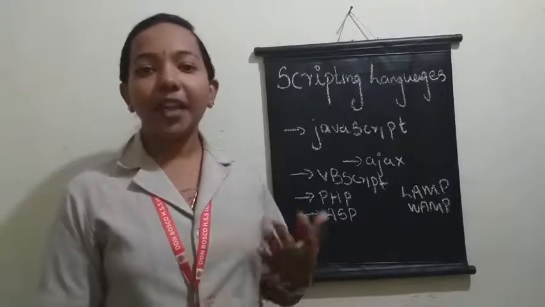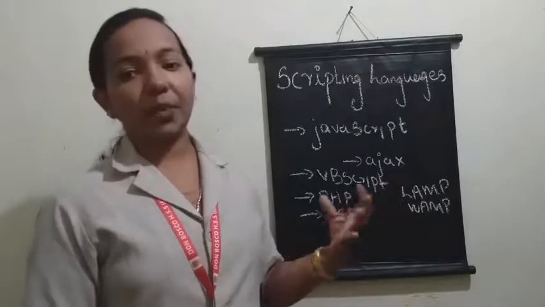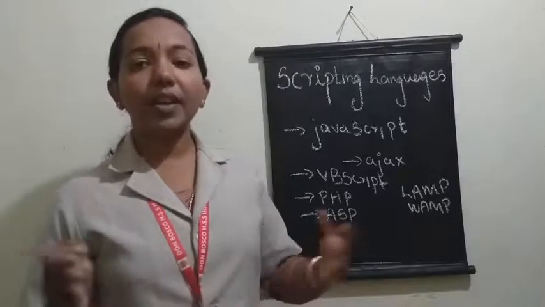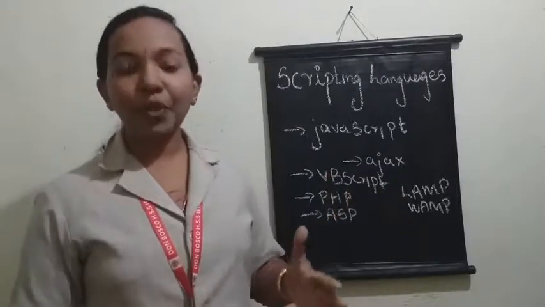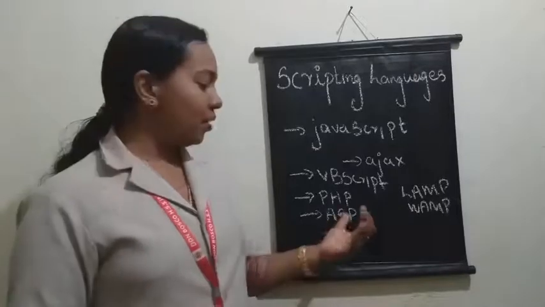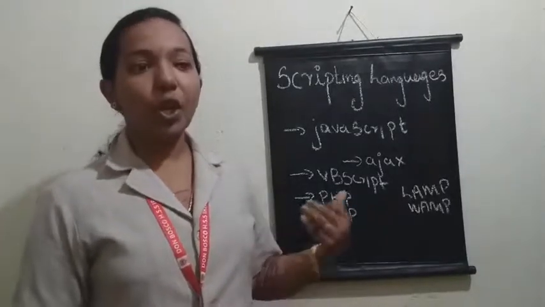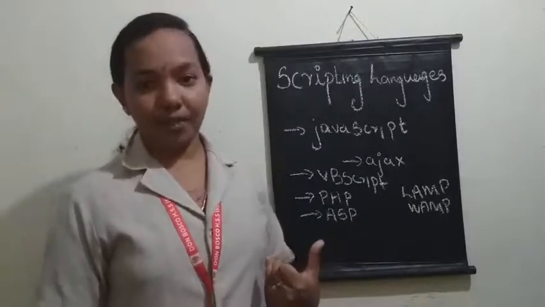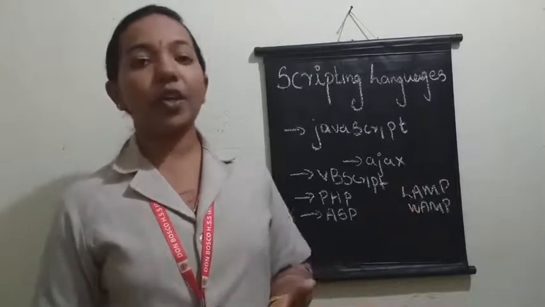Suppose you want to create interactive software, then we can use ASP for it, because it provides a framework for designing purposes. This is also a most commonly used server-side scripting language. Using ASP, we can create dynamic web pages. Its extension should be .asp.